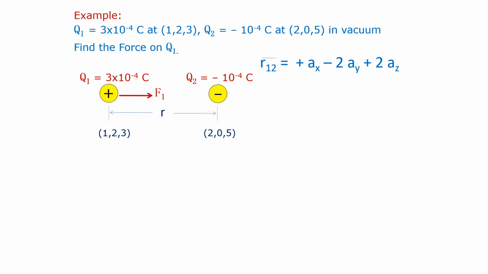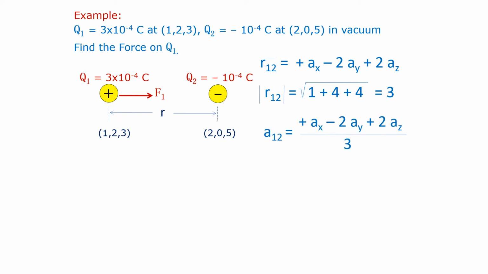It will be (2 minus 1) 1 AX, (0 minus 2) minus 2 AY, (5 minus 3) plus 2 AZ. The magnitude R will come as 3. The unit vector from 1 to 2 is given by the distance vector R12 divided by the magnitude.